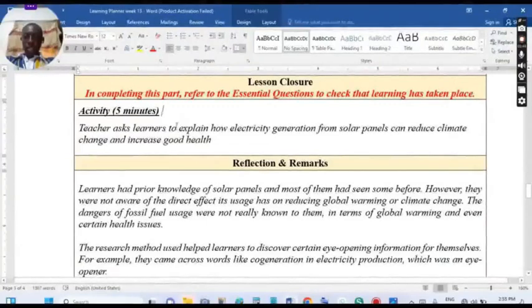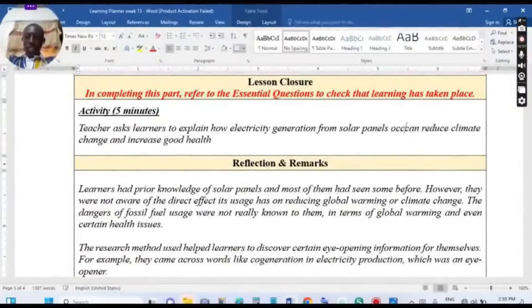So teacher asks learners to explain how electricity generation from solar panels occurs.